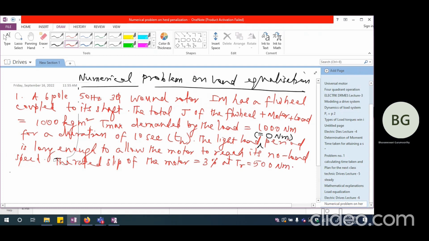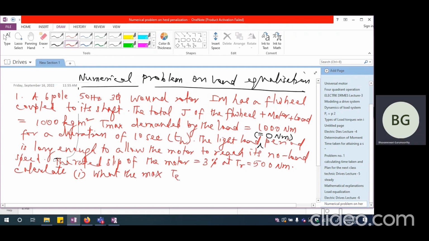Calculate 1. What is the maximum electromagnetic torque developed by the motor.